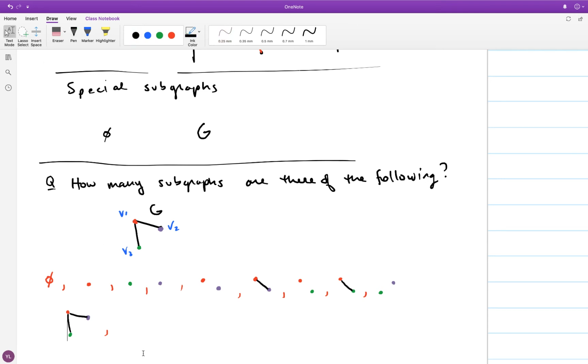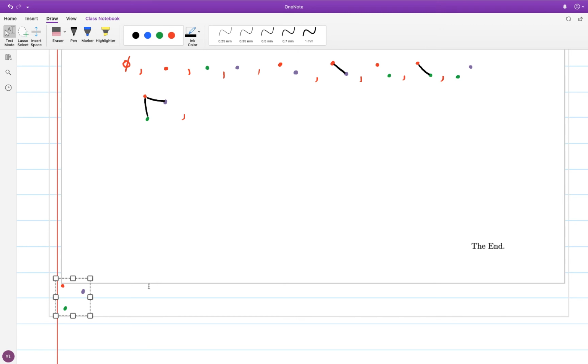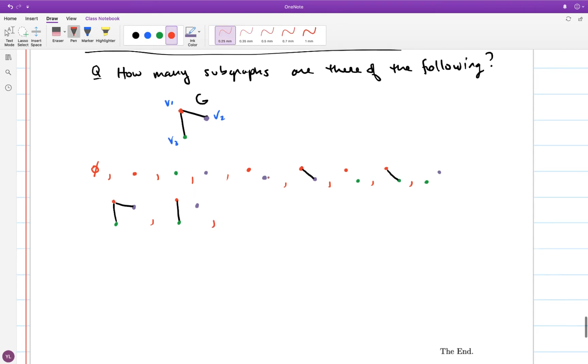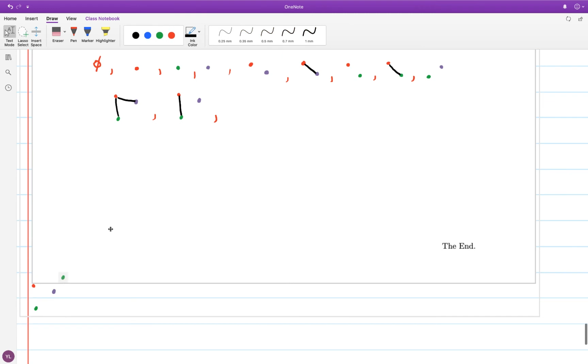And then we could, of course, have all three vertices with only this edge selected or something. And then we could have all three vertices with the other edge selected. And then we could have all three vertices with none of the edges selected.